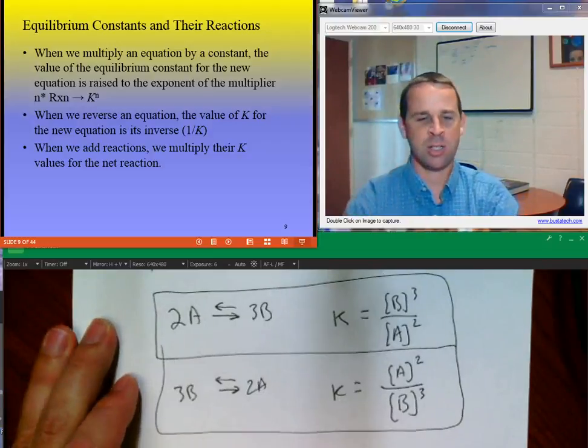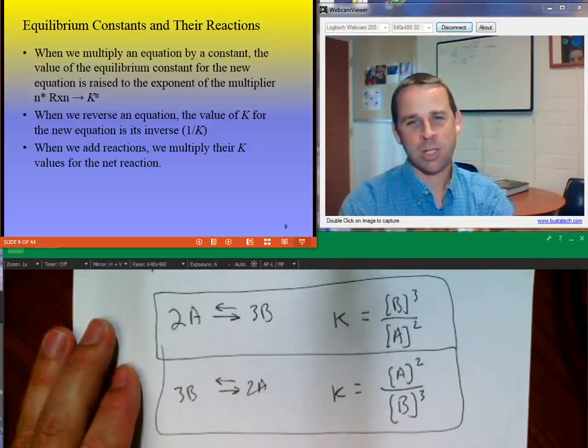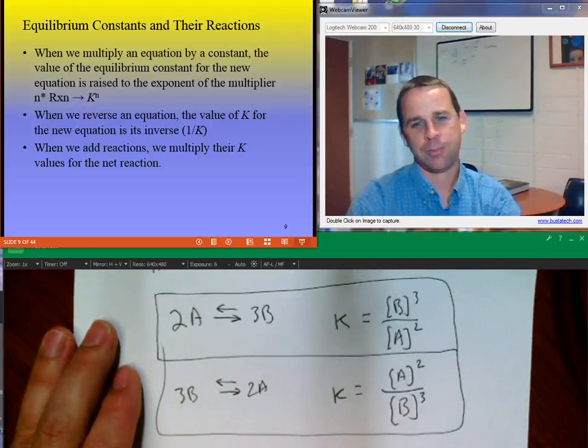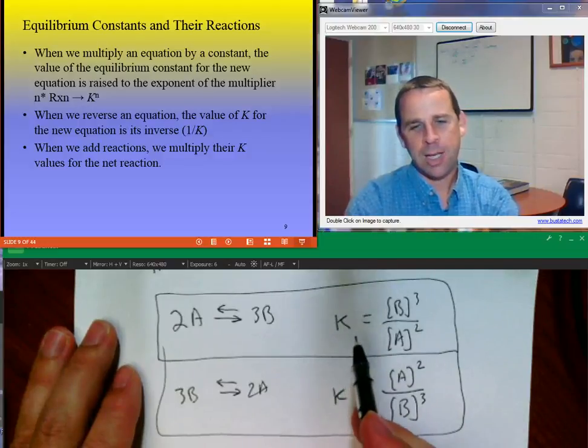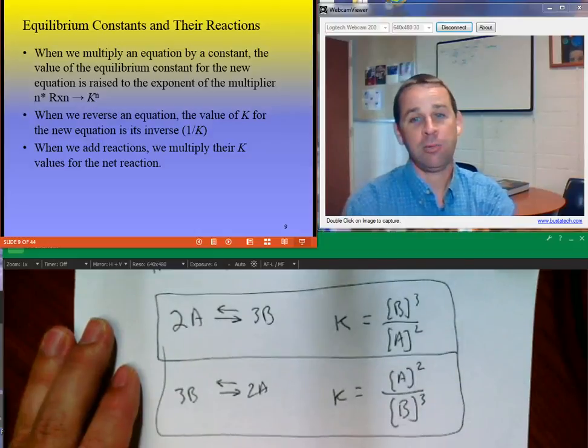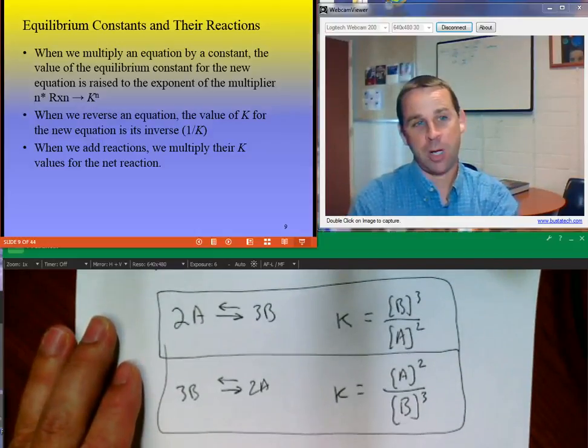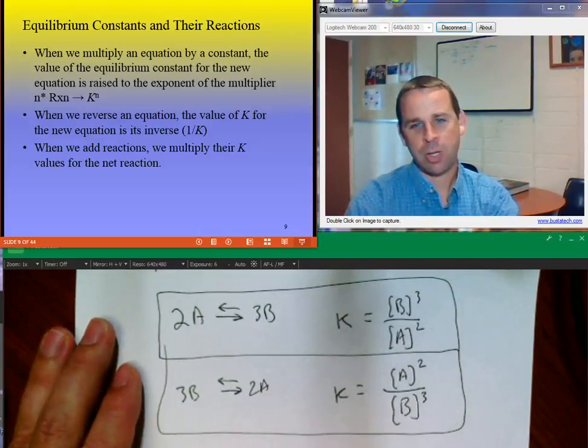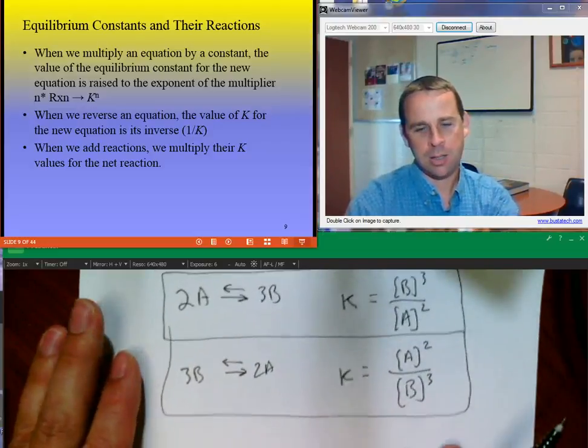I have these two reactions. It's really the same reaction, just drawn differently, right? Well, the resulting K, when you compare the two, are just the inverse of each other. So when you reverse a reaction, the K is inverted.